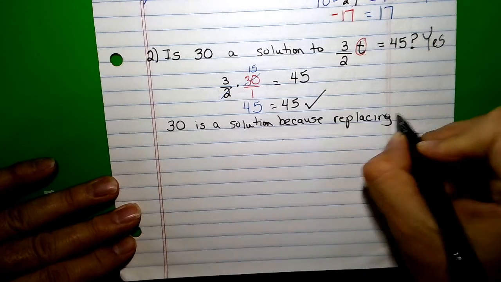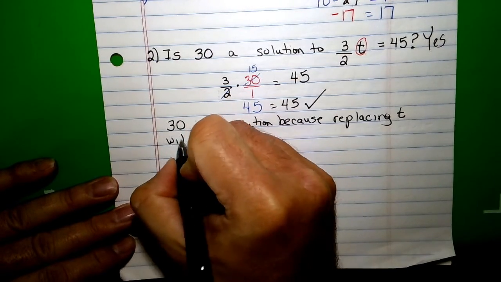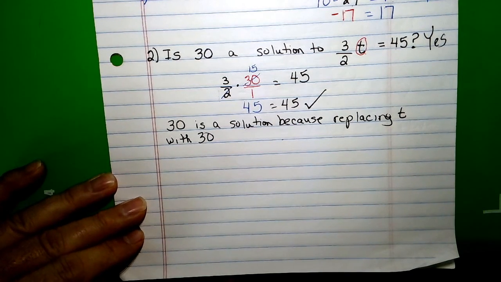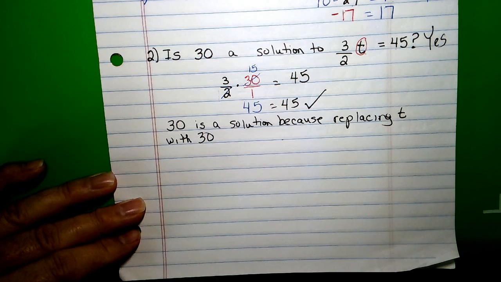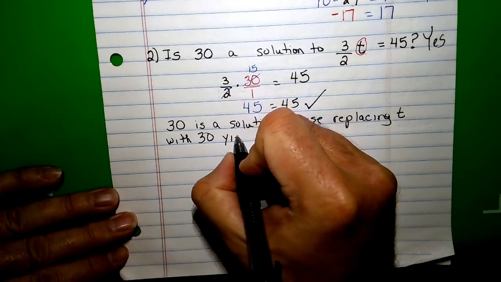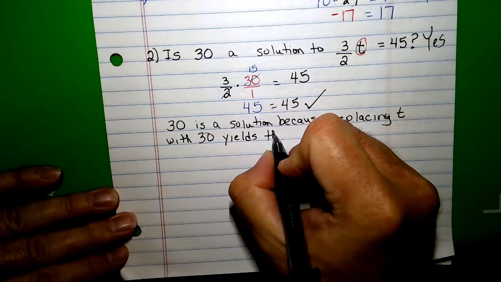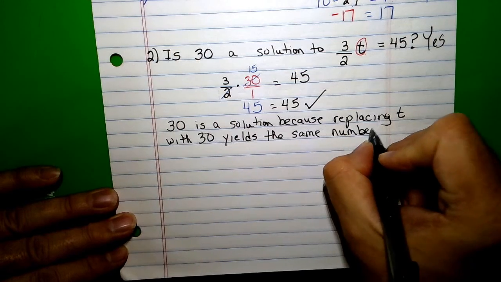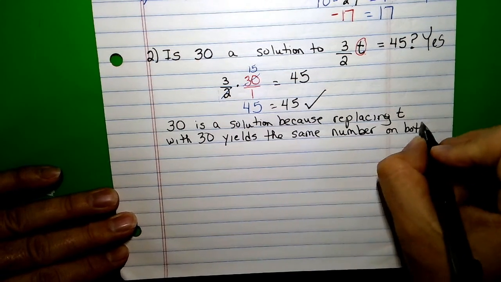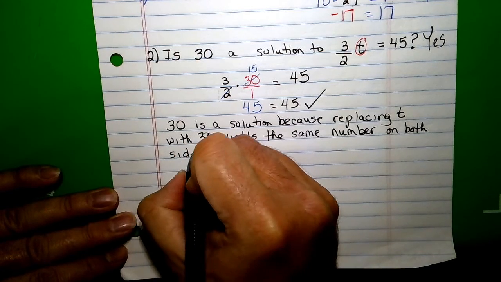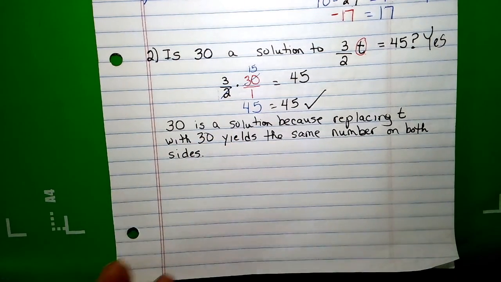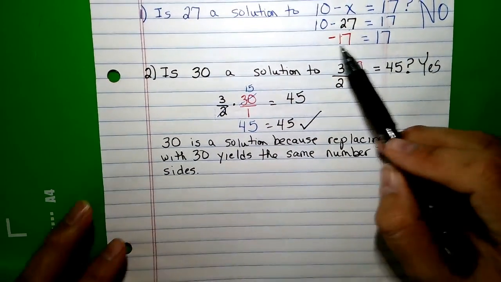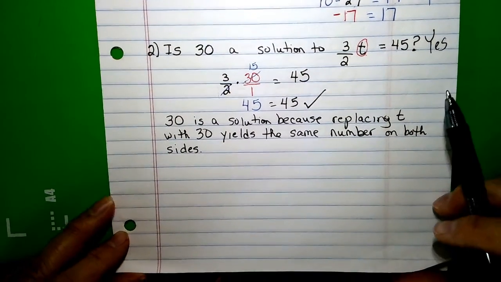Replacing t with 30 yields the same number on both sides. In other words, it's a true statement. Up here, when we got negative 17 and 17, no, that's not a true statement.